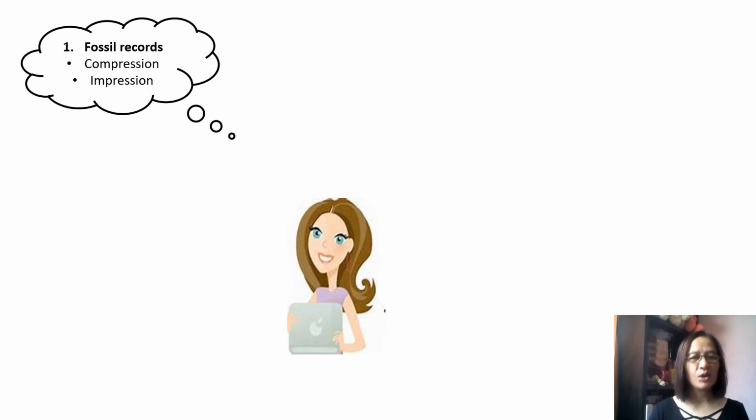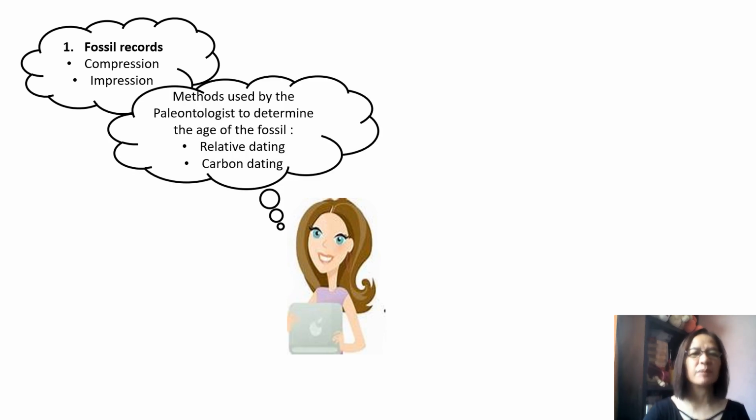So let's recap. What are the different evidence used by paleontologists for evolution? 1. Fossil records. And fossils can be classified it's either compression or impression. We have also different methods used by paleontologists to determine the age of the fossil, the relative dating and the carbon dating.